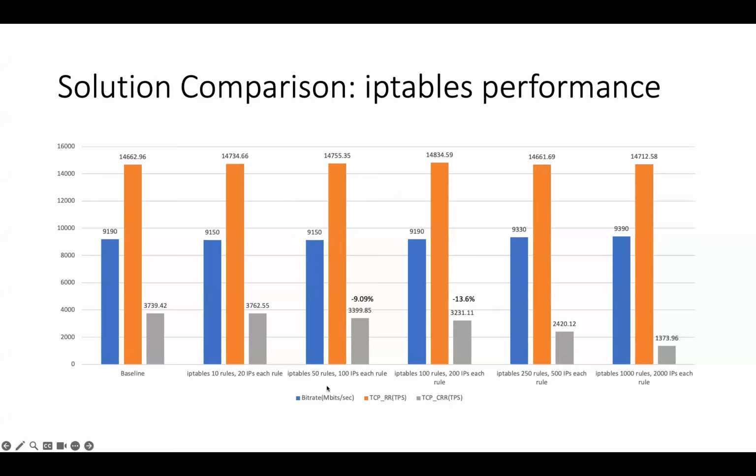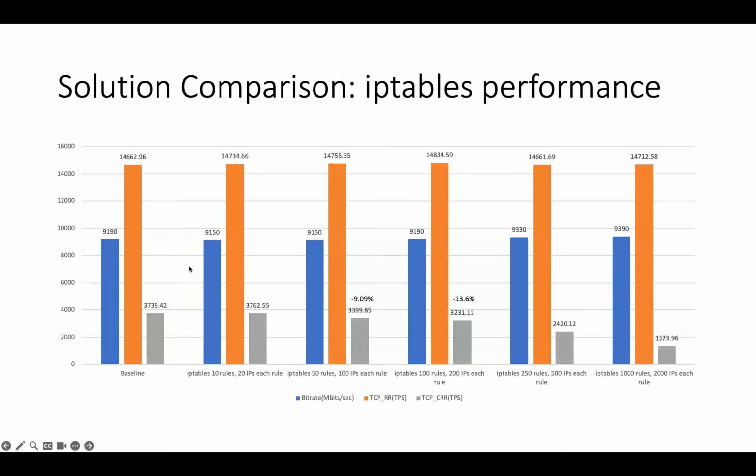As we can see, the bit rate representing the throughput of a connection is almost unaffected by the number of rules. This is expected because in a stateful firewall implementation, we only expect the first packet of a connection to be processed by all rules. After the connection is accepted, the subsequent packets will be allowed directly.